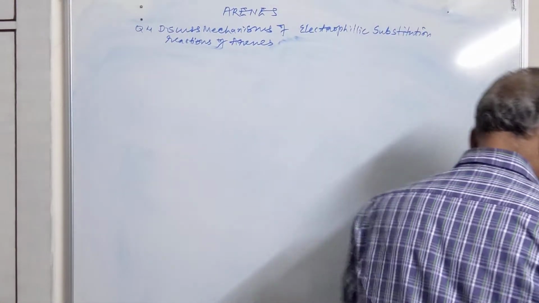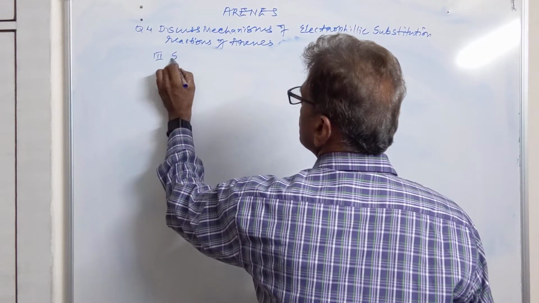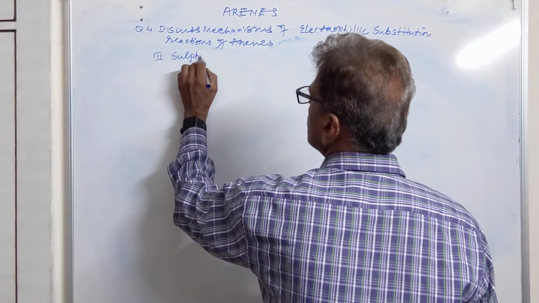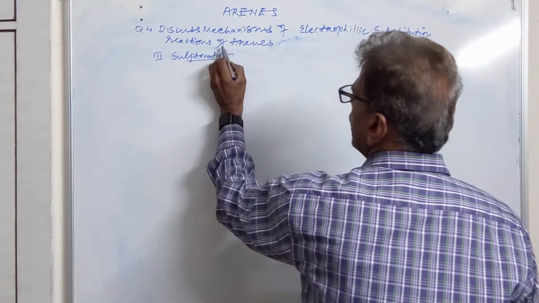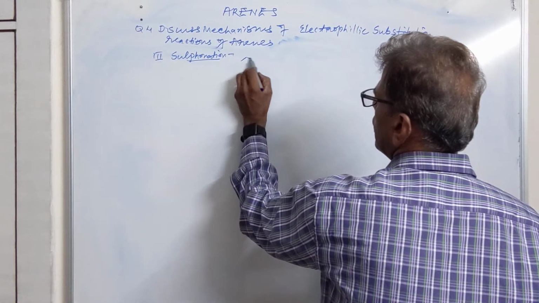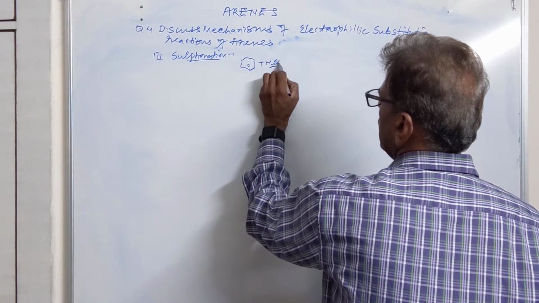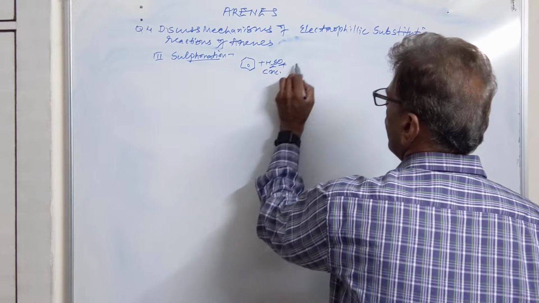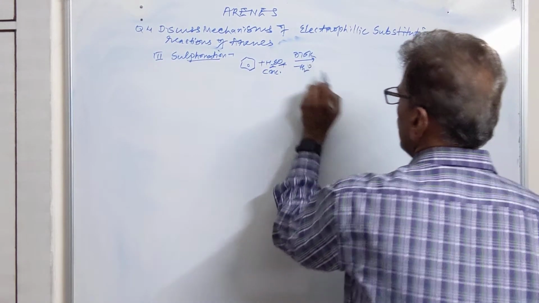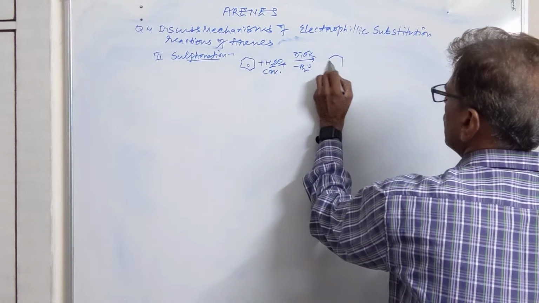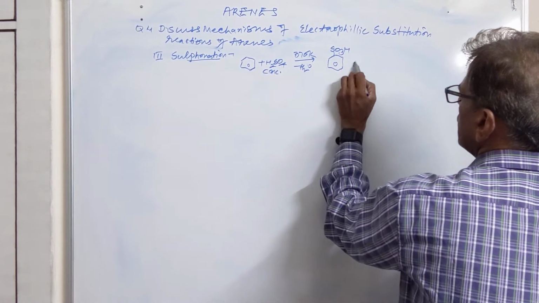This will be our third mechanism. As we know, sulfonation takes place through sulfuric acid at 370 Kelvin. Loss of water is there. We get benzene sulfonic acid.